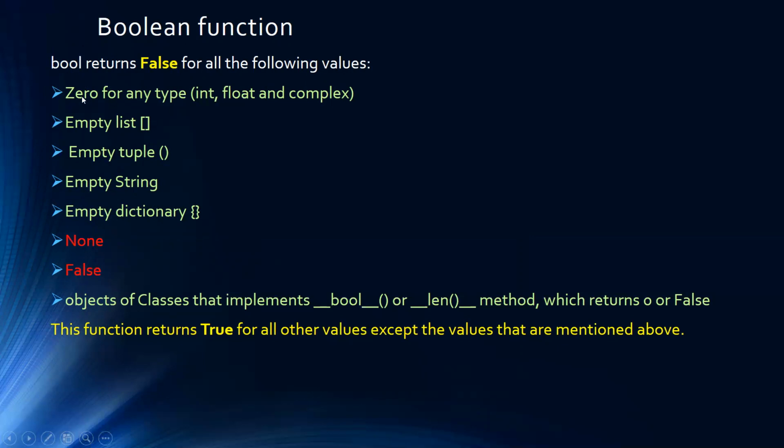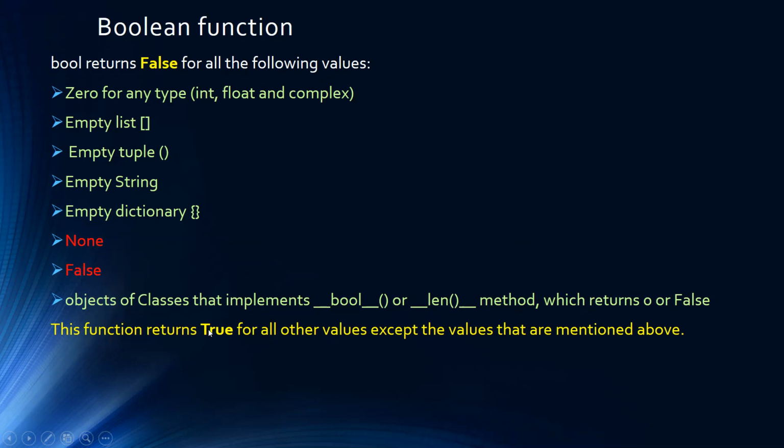For example, if you assign 0 to any integer or float number, or there is an empty list, or an empty tuple, or an empty string or empty dictionary, or you assign None to any of your variable or False to any of your variable, in all these scenarios you will get a false value from the bool function, while in others you get the true value.